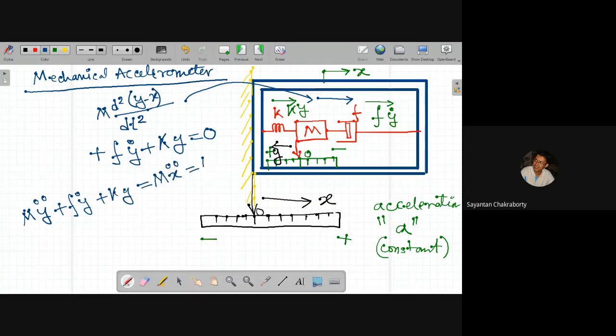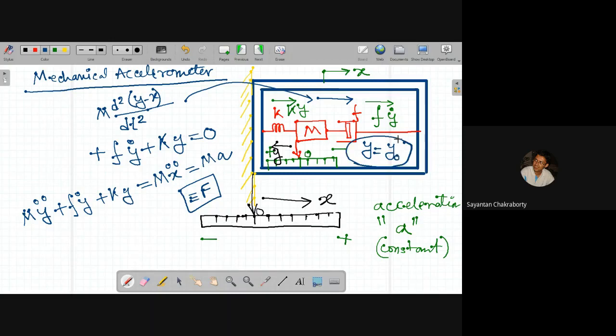What is this m x double dot? It is nothing but m into a, acceleration, which is equivalent to the force applied on the mass. Now if you consider that acceleration is constant, an equilibrium point will be reached. And what is that equilibrium point? At that point, y will settle down to a value, say y0.